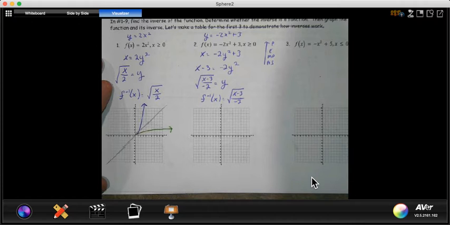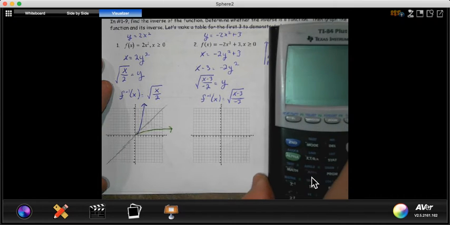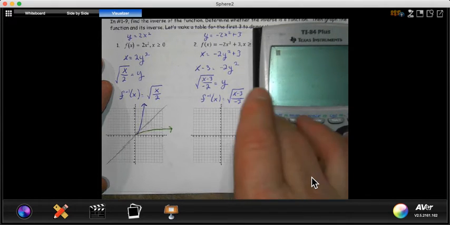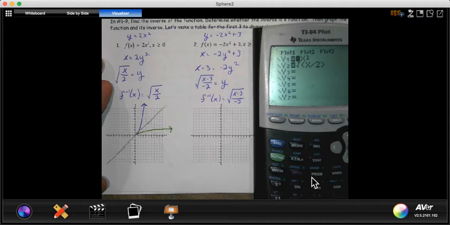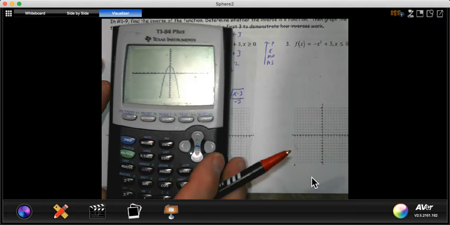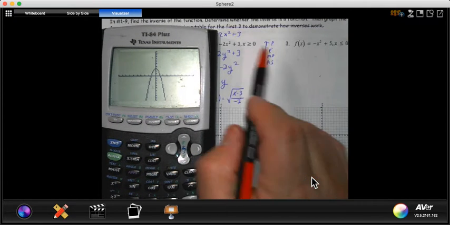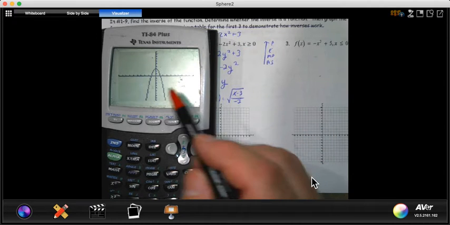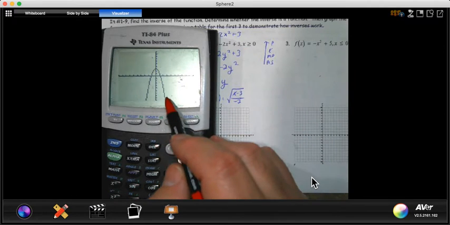Okay, let's graph. So we have y equals negative 2x squared plus 3. So that's an upside down parabola, but my restrictions are only graph this side. x has to be bigger than 0.